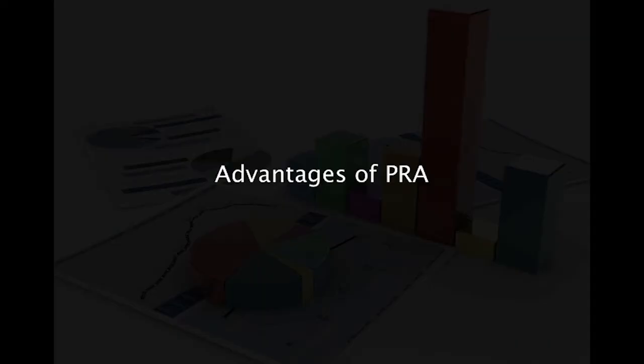Now, let us see what are the advantages of PRA. We get latest information. The people may be having likes and dislikes. There will be a clear cut understanding about this also, and there is a possibility of continuity of the activity called sustainability.